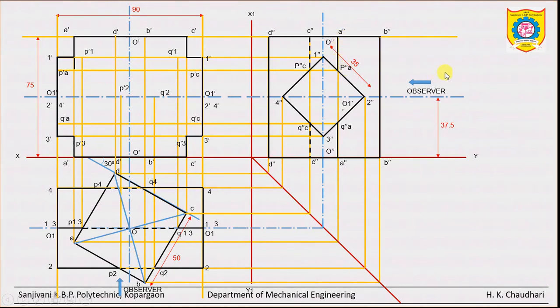So when we observe the intersection from this side, it is in front of this horizontal prism. So up to PA we have made a thick line here. Okay, and from PA to P2 again a thick line. Clear?